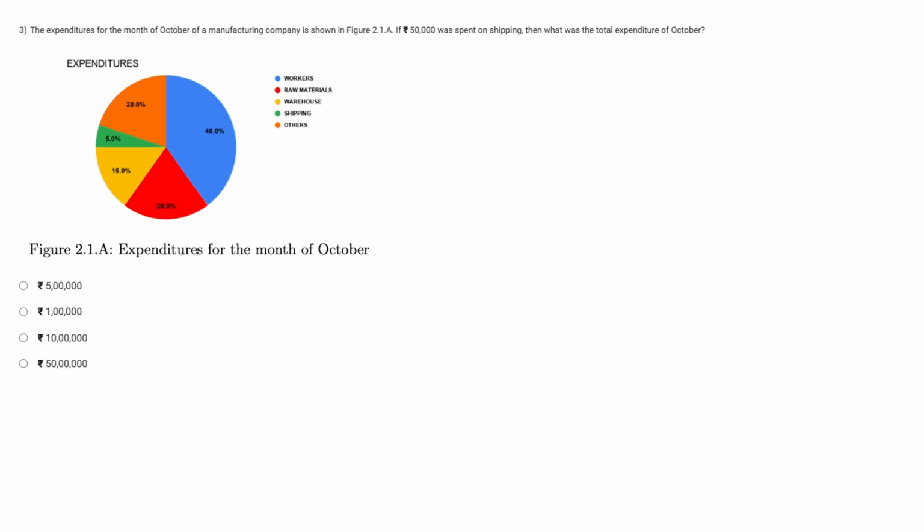Alright, so here are some examples. The expenditure of the month of October of a manufacturing company is shown in figure 2.1a. If 50,000 was spent on shipping, what was the total expenditure of October? So we have 50,000 rupees spent on shipping.